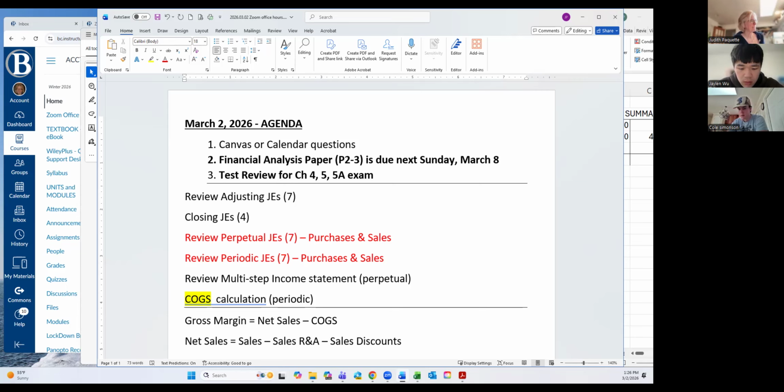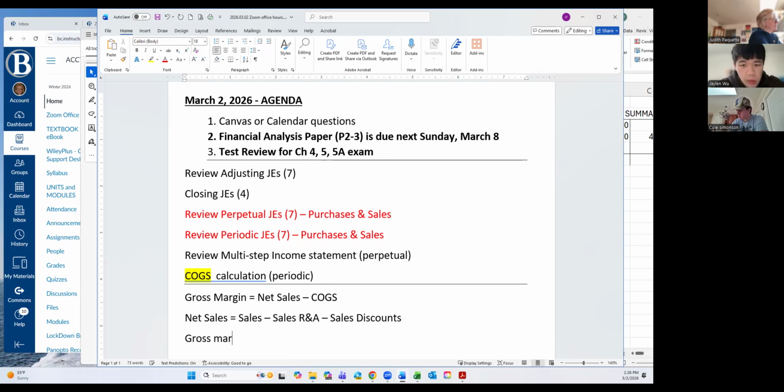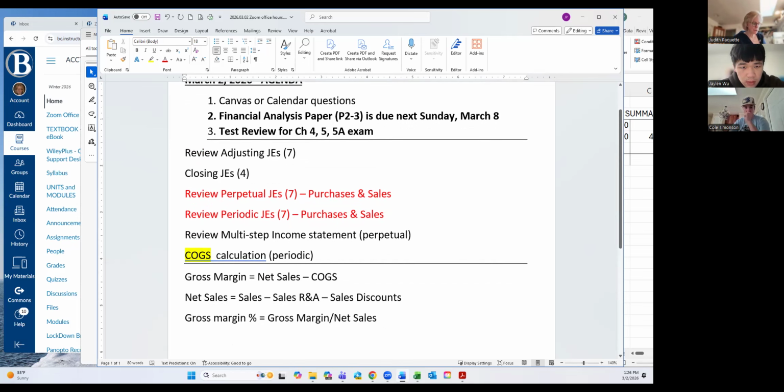Okay. And then gross margin percent is equal to gross margin divided by net sales. Okay. So just make sure you know how to do that.